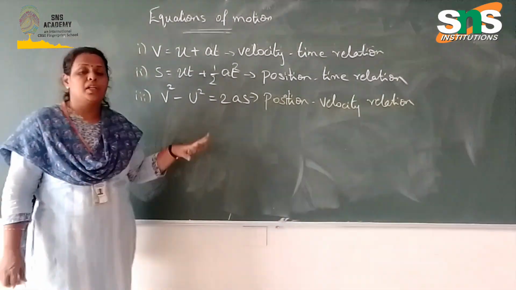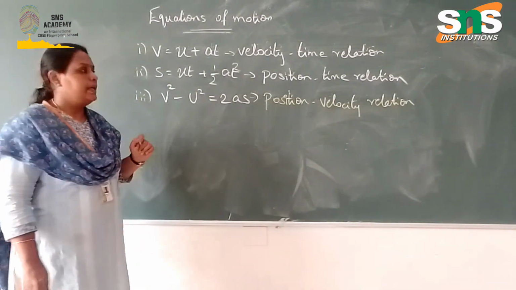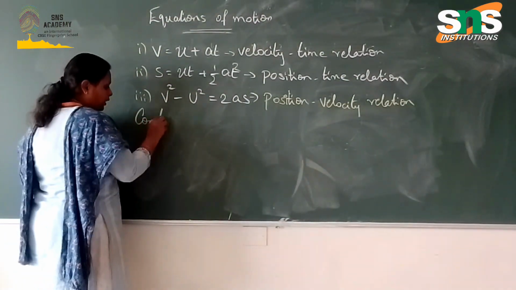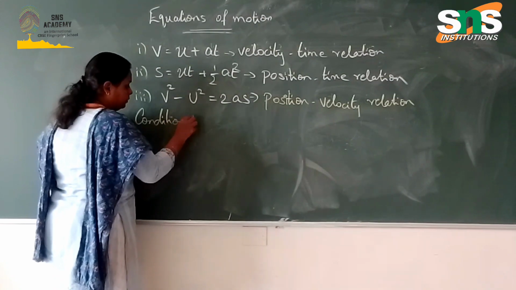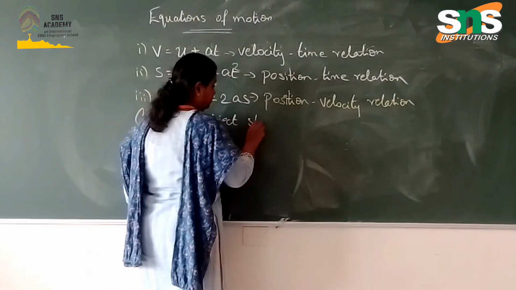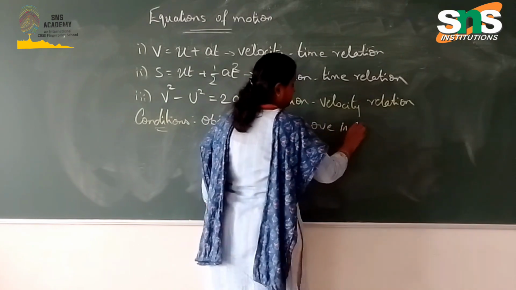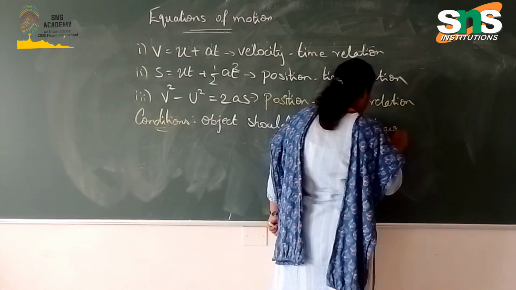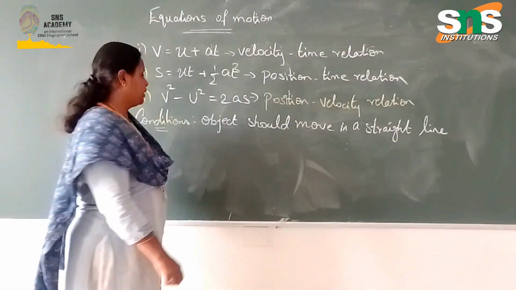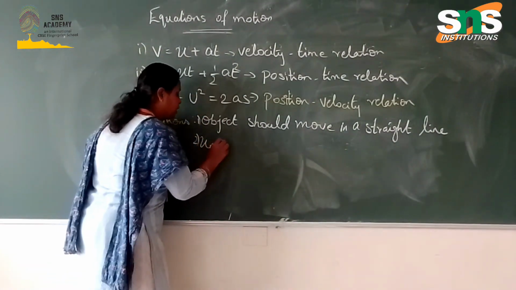Under which circumstances can we apply these equations of motion? The conditions are: the object should move in a straight line, and the second condition is the object should move with uniform acceleration.